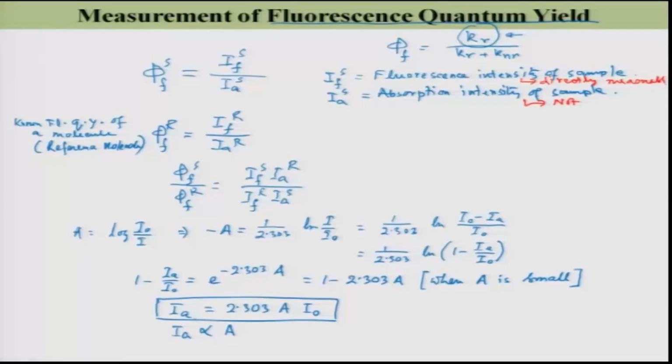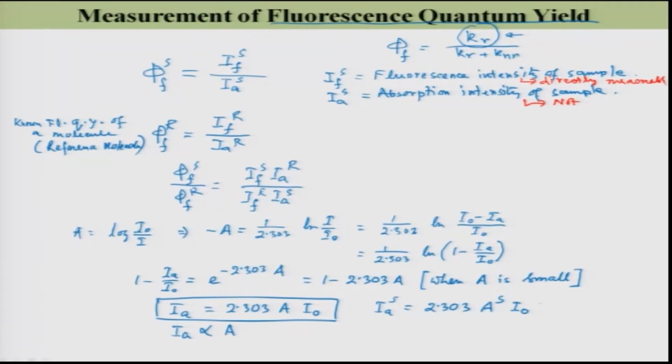In that case this I A can be replaced by this A. So, I can write I A of my sample is equal to 2.303 A of my sample into I 0, this is my excitation light intensity, for a particular lambda excitation.